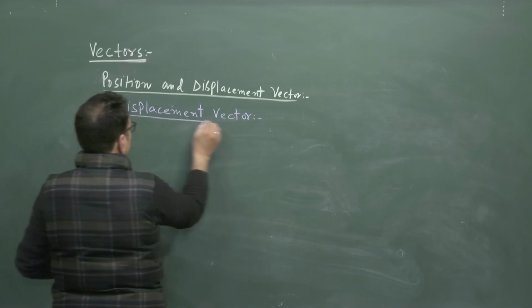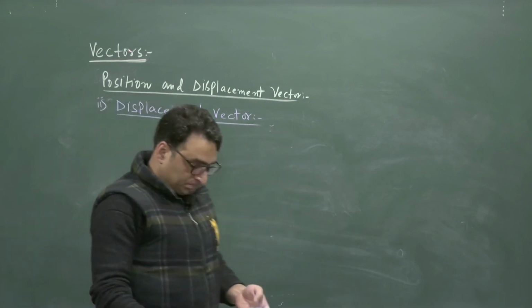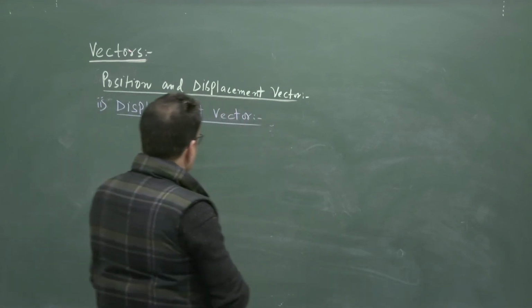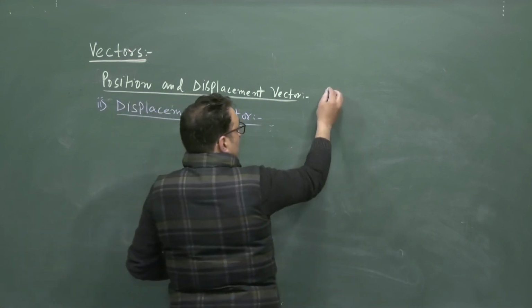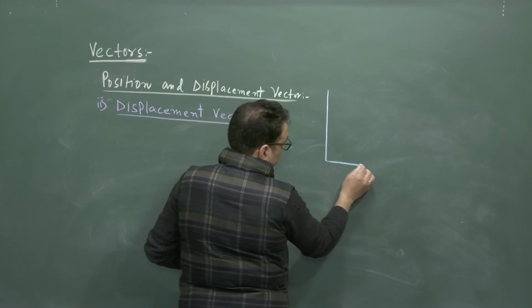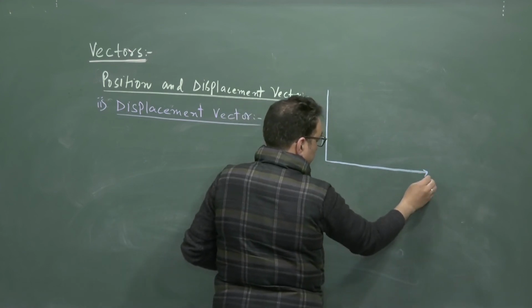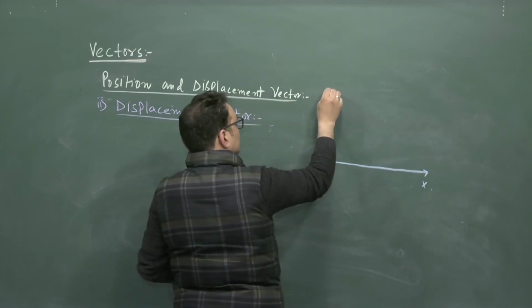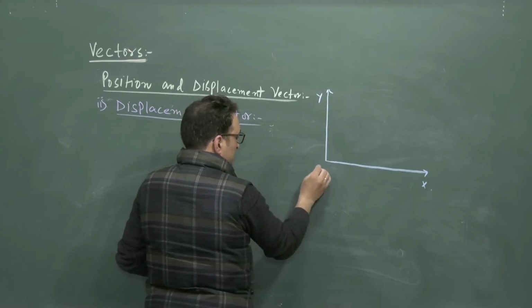Displacement vector. See, this is the x-axis and y-axis. This is the origin.